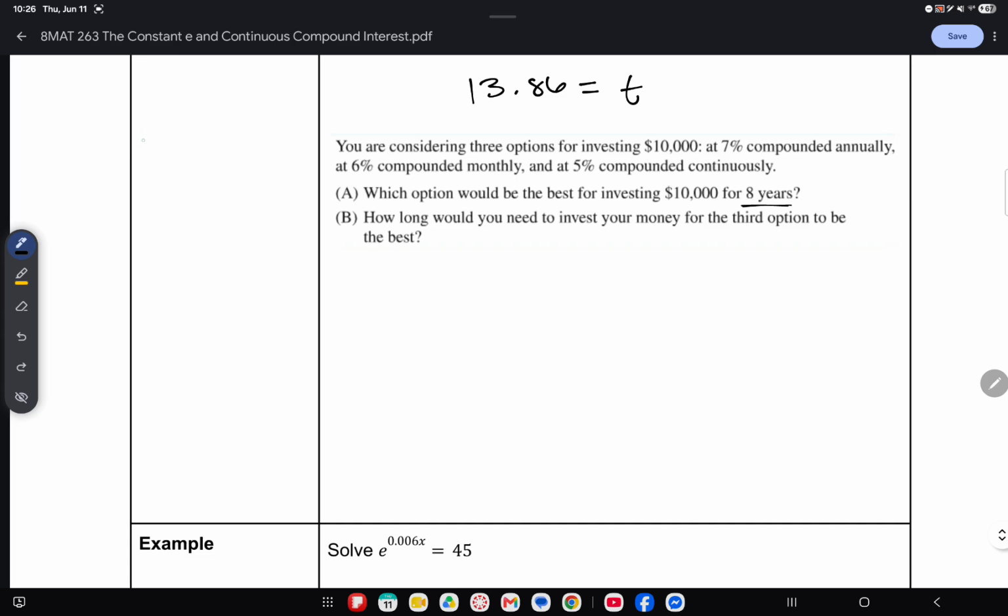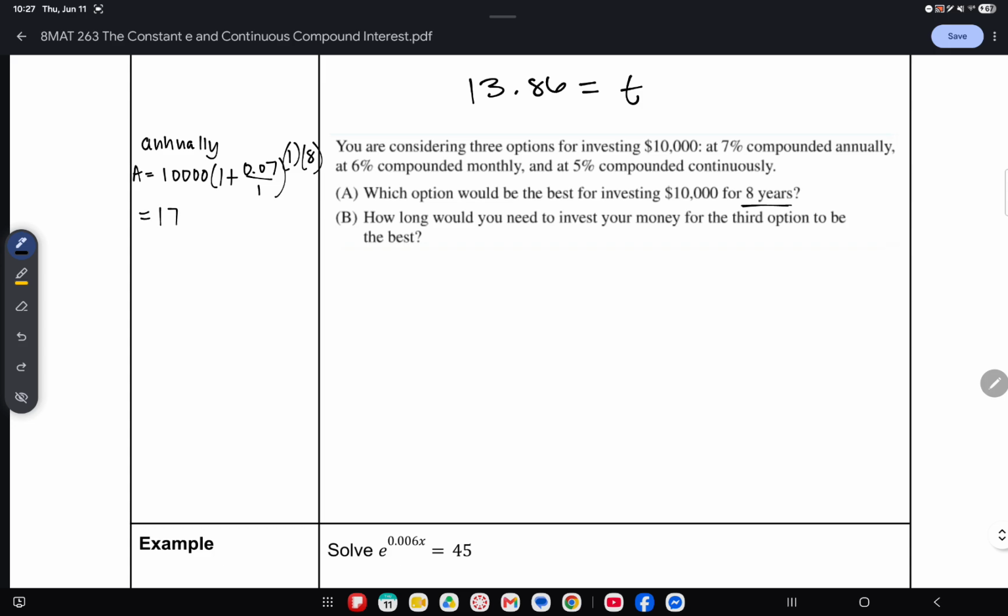All right, let's do compounded annually here. Annually. So we know we are investing 10,000. That's 1 plus this one's 7%. And we're doing it for 8 years. So 1.07 raised to the 8 times 10,000.